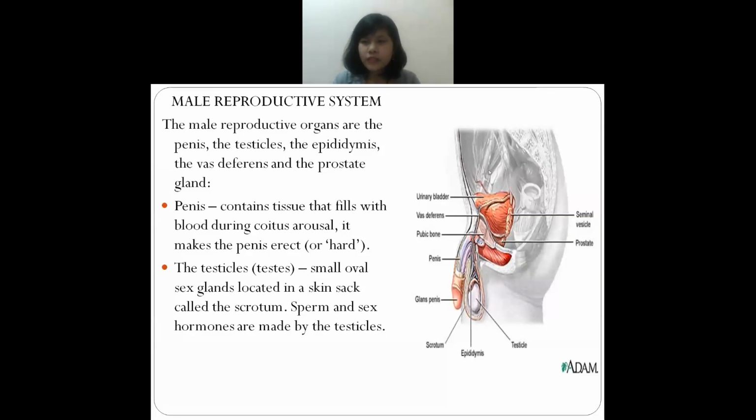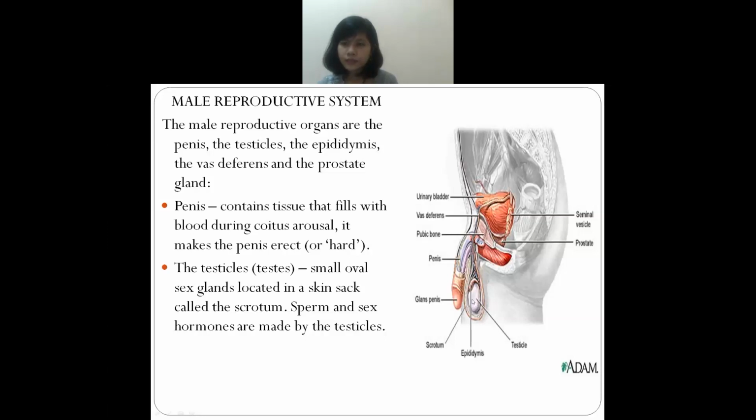So these are the male reproductive organs. What do we have here in the male reproductive system? The first organ we can see is the penis, and the next is the testicle.